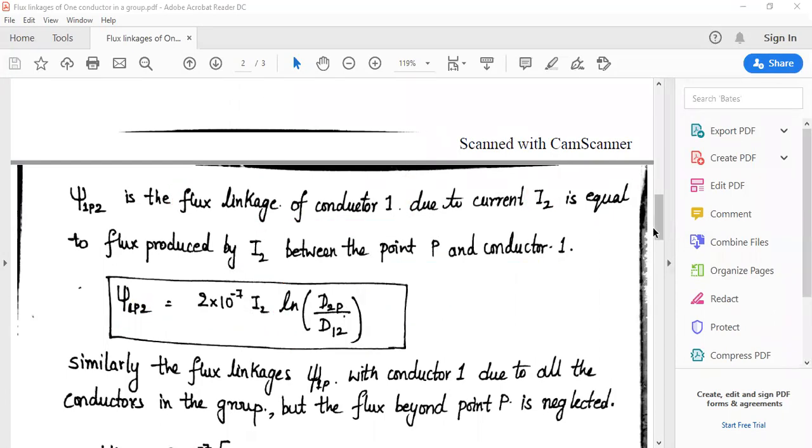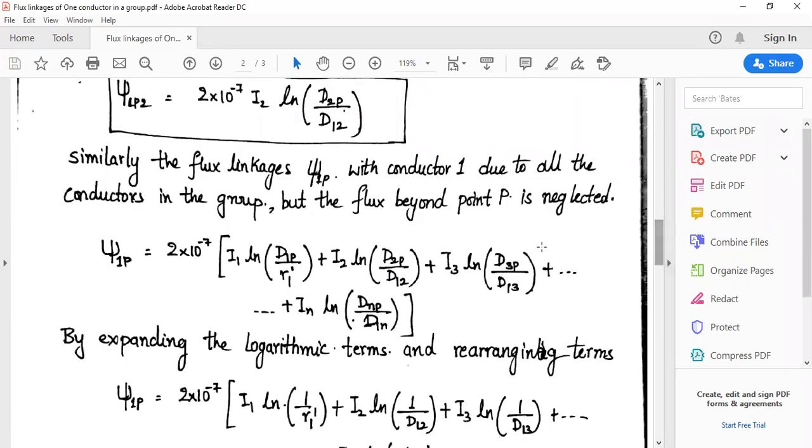Next, I want to analyze the flux linkage of conductor 1 due to all the currents, I1, I2 and I3, by taking the sum.